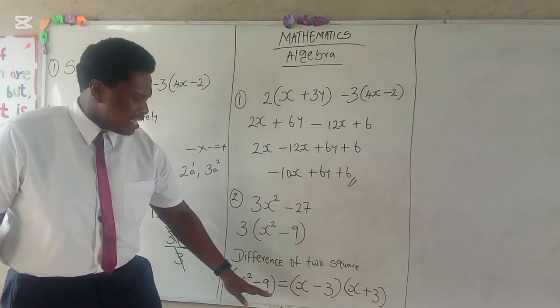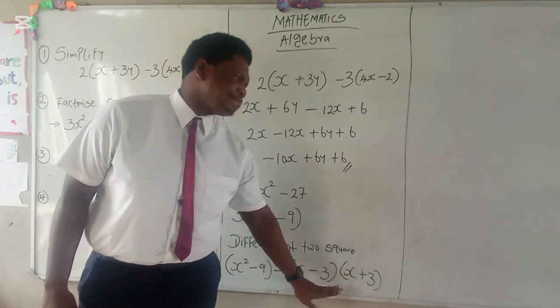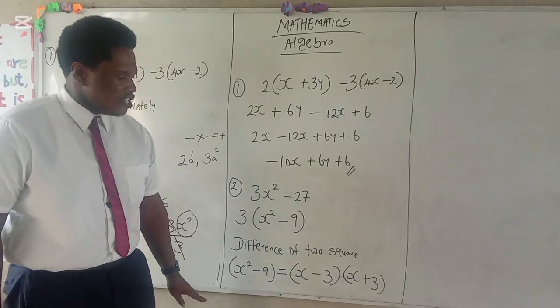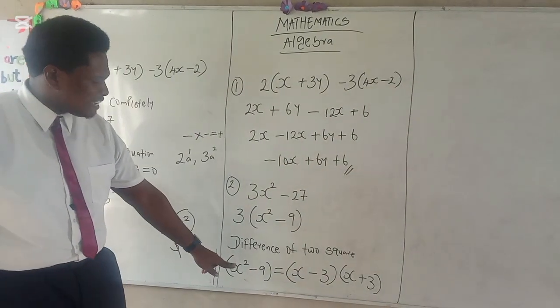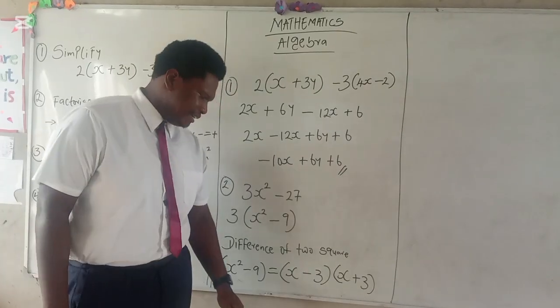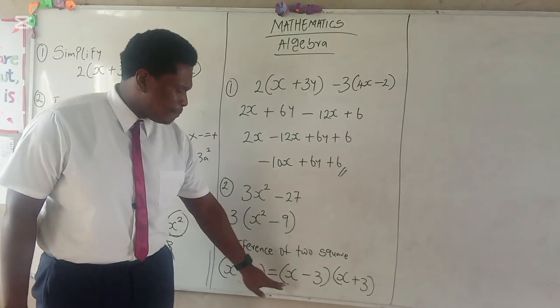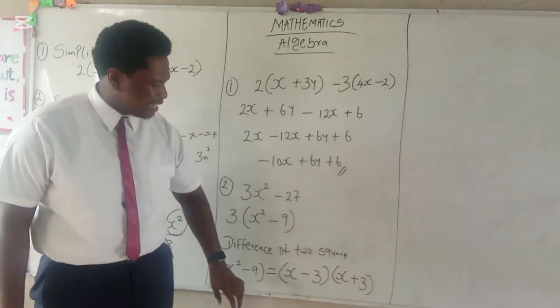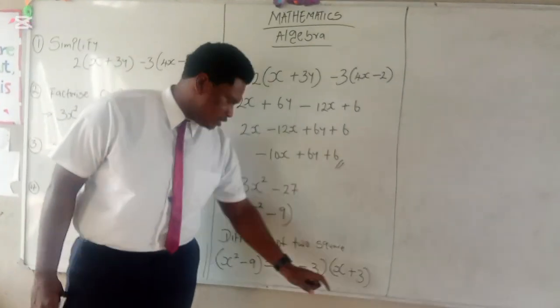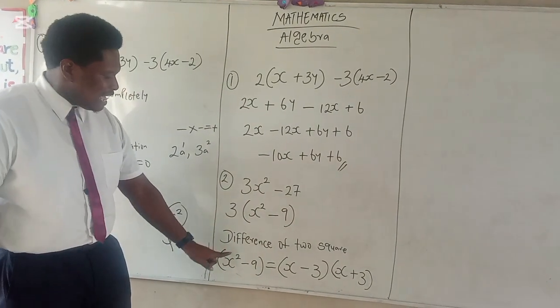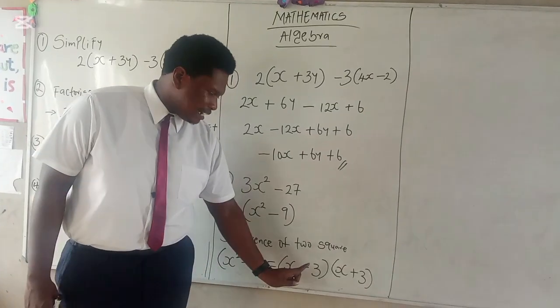How do I know? If we are able to expand this bracket, if you are able to open this bracket, you are going to arrive back at x squared minus 9. How do I mean? If we open the bracket by using what is inside this bracket to multiply this bracket, we are going to arrive back at x squared minus 9.